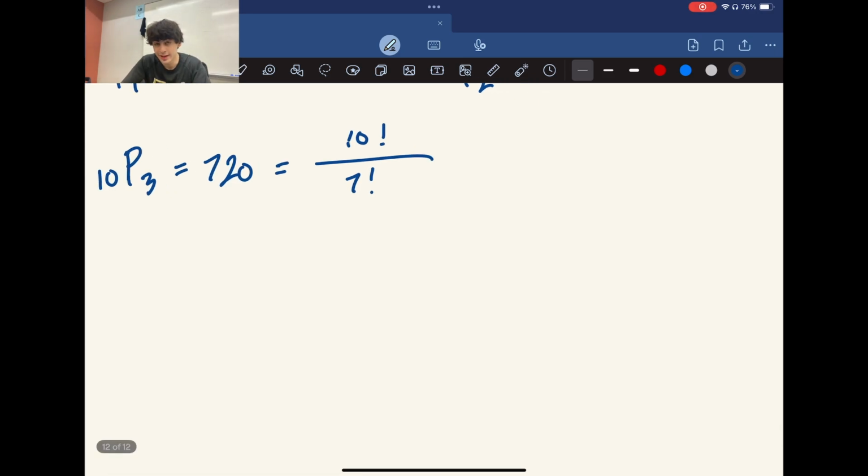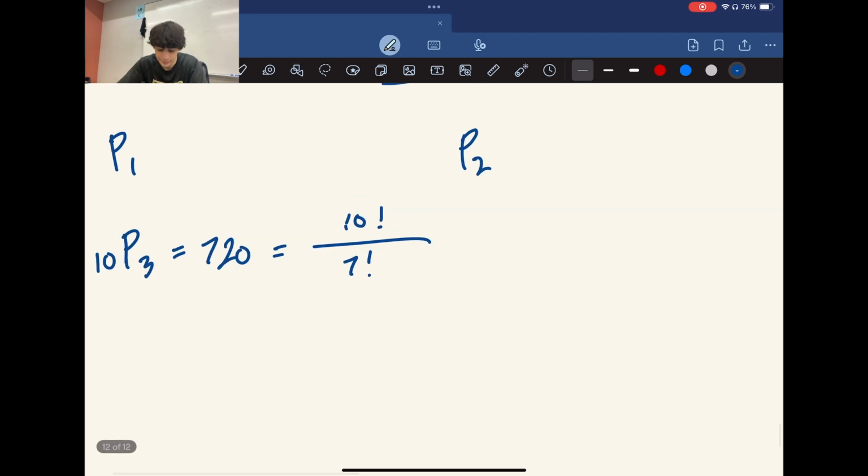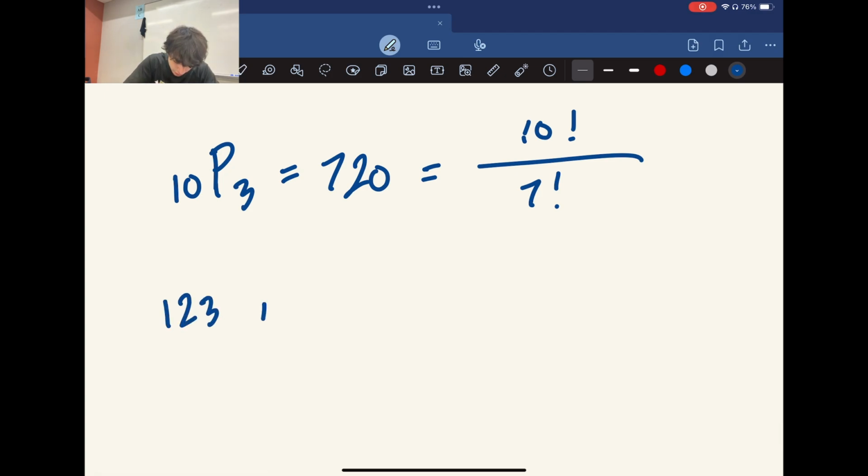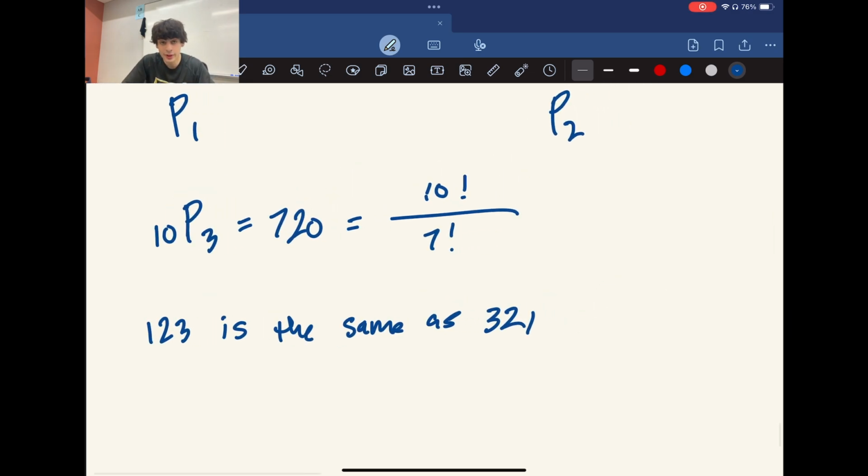What we need to do is actually divide this by a factor of 6, because for each way that you could assemble a team of 3, we're actually overcounting it by a factor of 6, because each group of 3 can be arranged in 6 different ways. But the way in which they're ordered, the way in which they're arranged is really just not important, or shouldn't be counted in the context of this problem, since 1, 2, 3 is essentially the same as 3, 2, 1. So we're going to divide by 6.